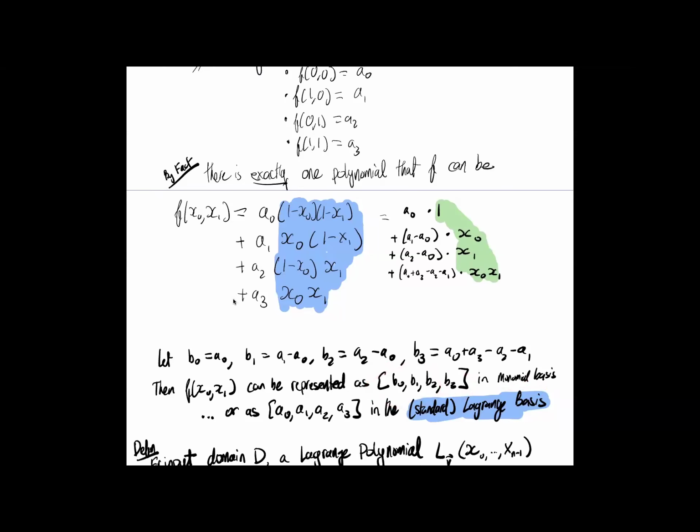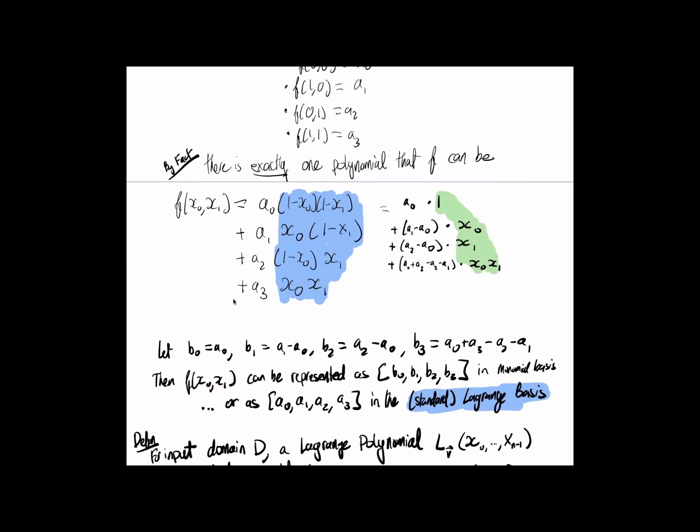Or I could represent this multilinear polynomial as a0, a1, a2, a3, and say that this is the coordinate vector in the standard Lagrange basis.